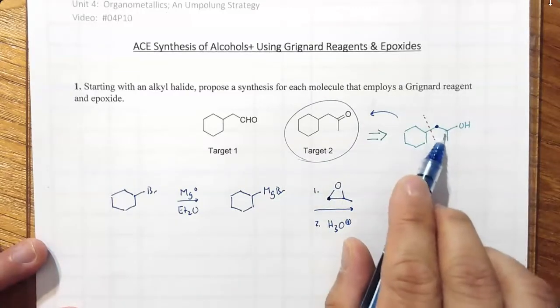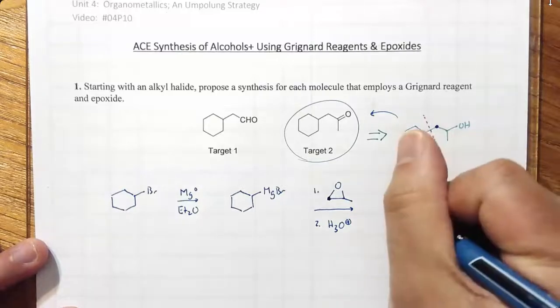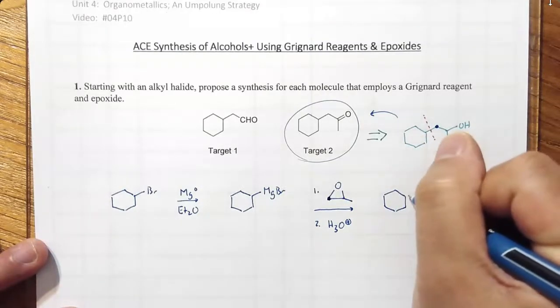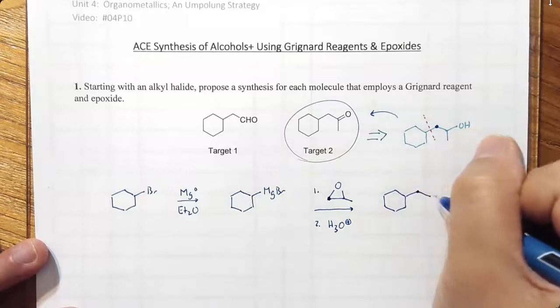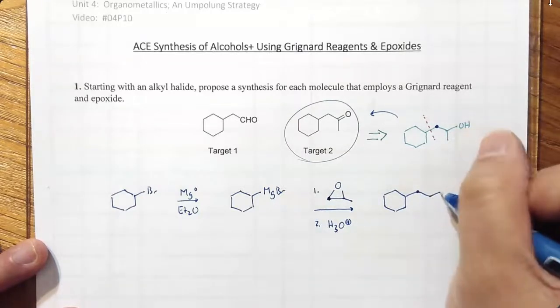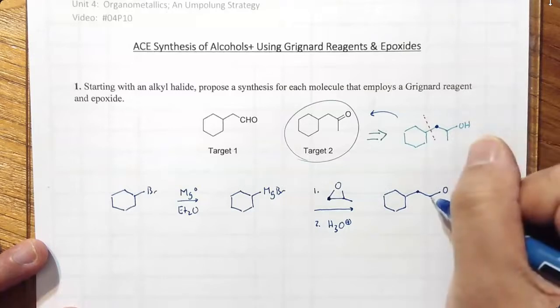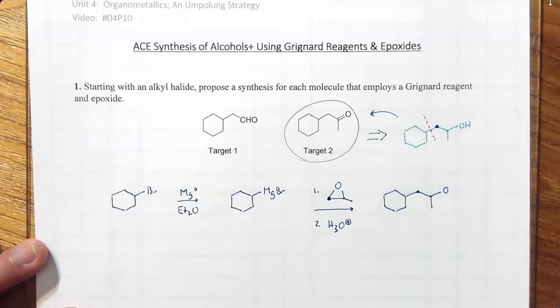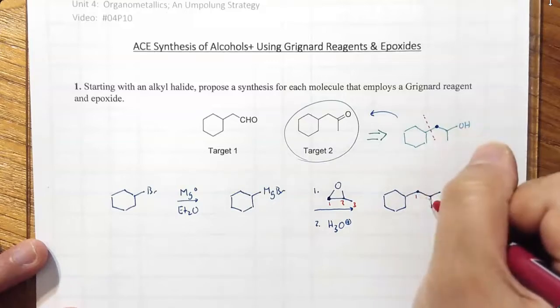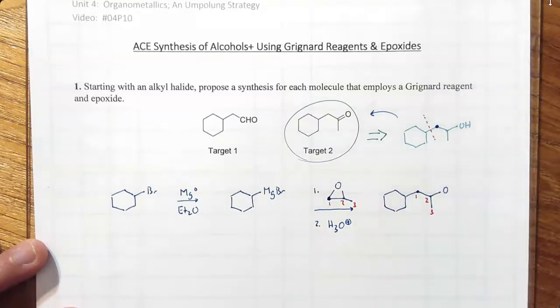Okay, so I got the same molecule. I attack the dot, that oxygen stays on this carbon. I still have this methyl group. You could, if you want to, number the epoxide just to make sure you have everything there.